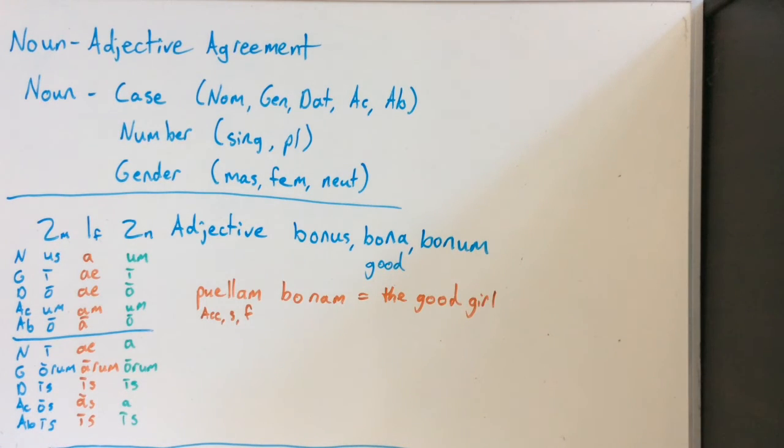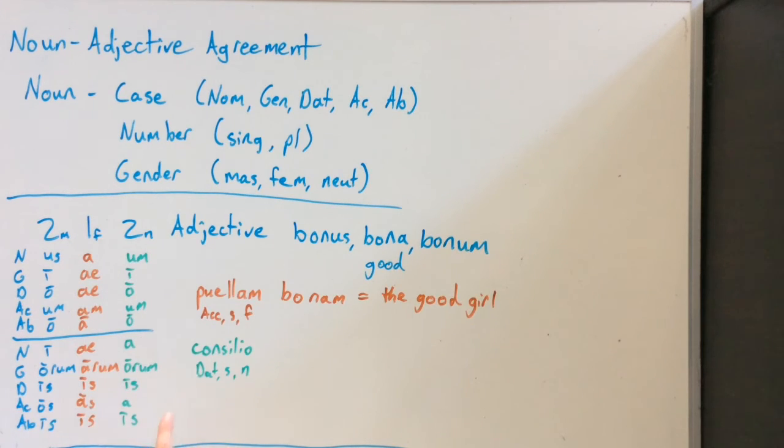Now, if we wanted to talk about a consilium, a plan, and I am going to decide that this plan, which I know is neuter, is a dative singular neuter.